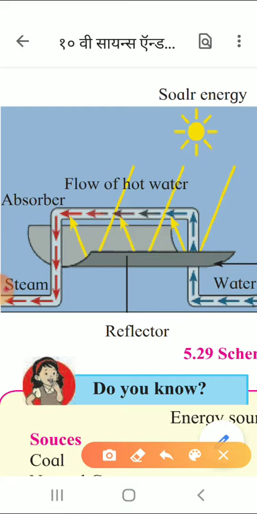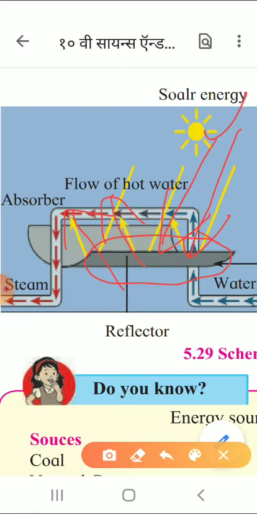Using this heat energy, the steam is generated that drives the turbine and generator. So first let me show you, these are the reflectors. This sunlight from the sun is falling on the reflector. This reflector reflects the sunlight this way. Then it is absorbed by the absorber. Here you can see the absorber.